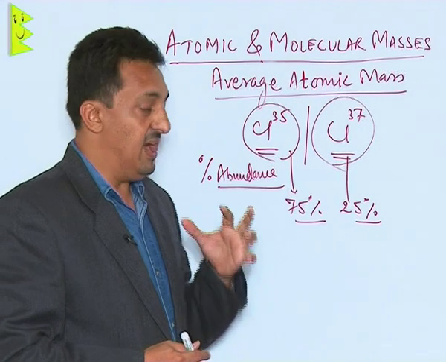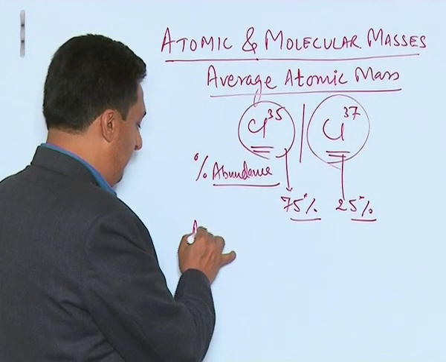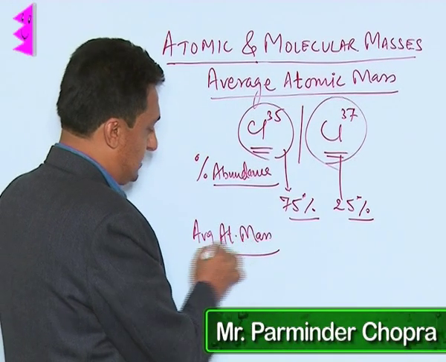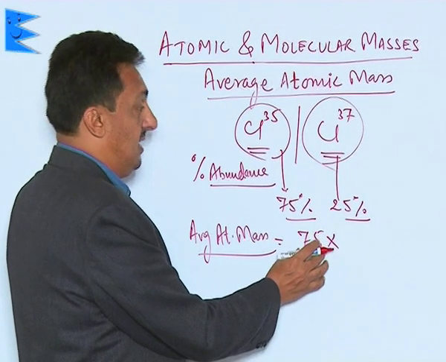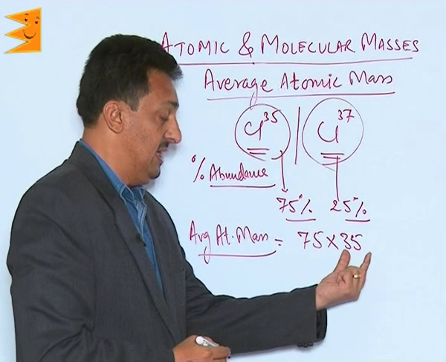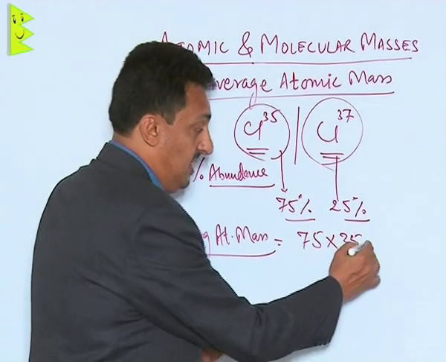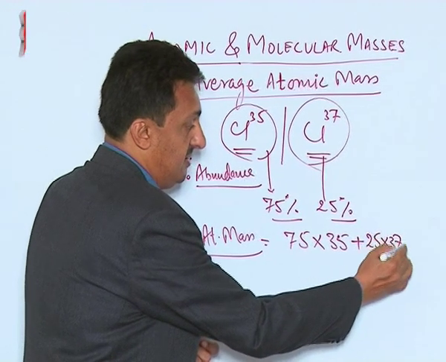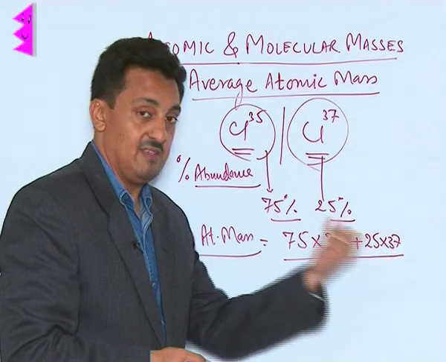Therefore, we take the average to find the average atomic mass. We multiply 35 with 75, because there are 75 atoms out of 100 with atomic mass 35, and we multiply 25 with 37, because there are 25 atoms with atomic mass 37.